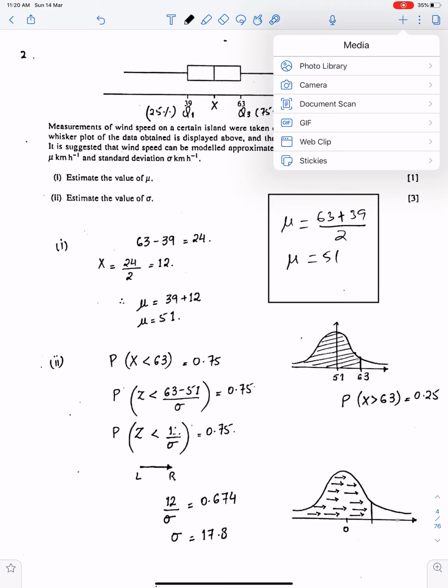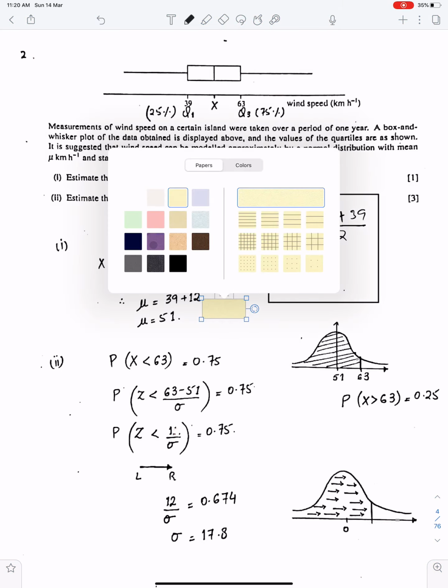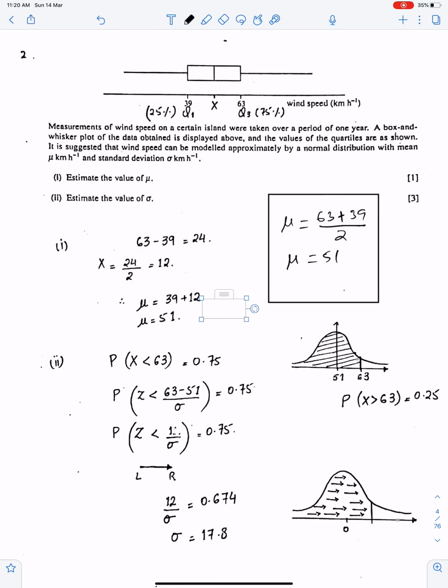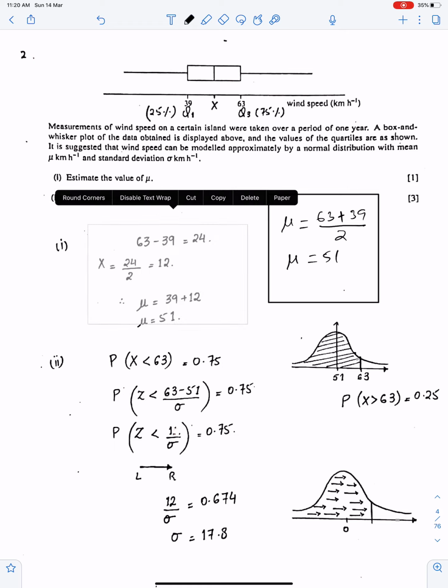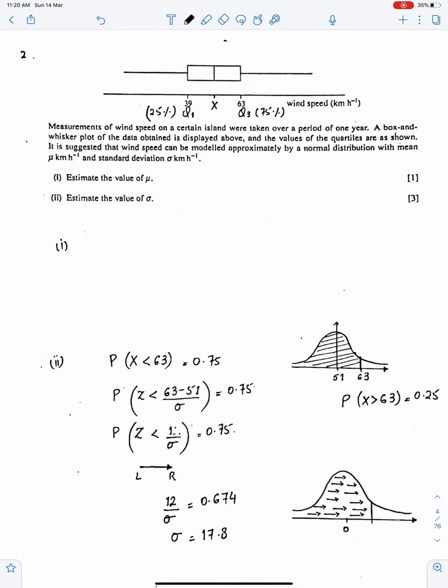Just leave this calculation. Although you are getting the same answer, but this calculation is difficult. I'm doing this calculation here. 63 plus 39 over 2, which is 51. That's it. This is the answer of part 1.